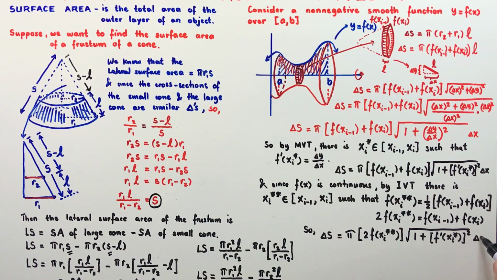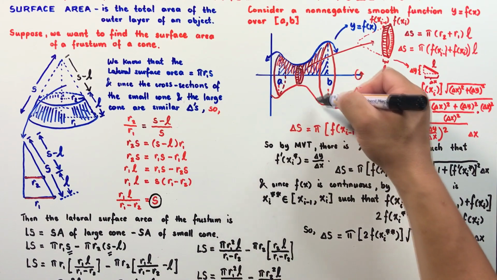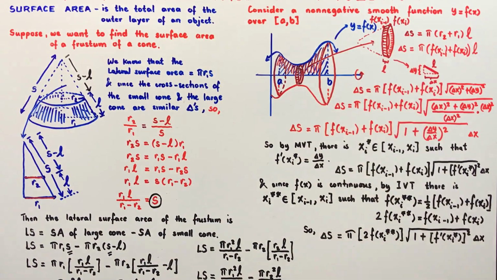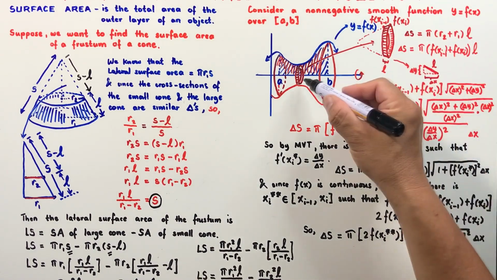So therefore, to find the surface area of this whole surface of revolution, we can add all the surface areas of all the slices.